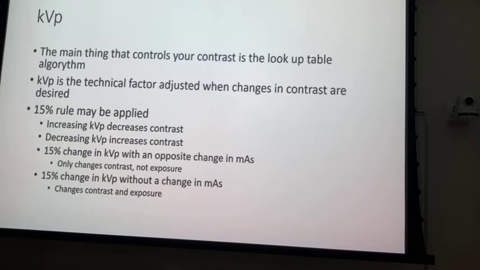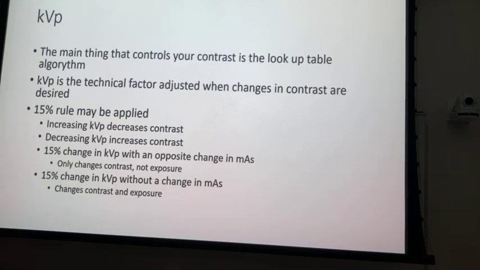15% rule, we walked through that earlier. If you want to affect your image receptor exposure, or you want to affect a difference in differential absorption, you would use kVp.